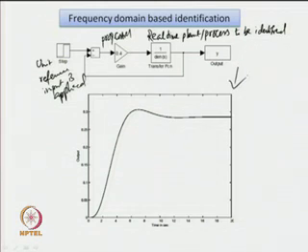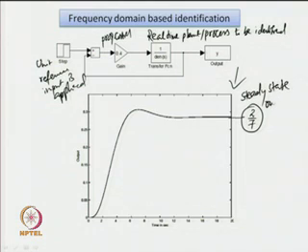Then from the output we can see in steady state the output has assumed some value whose exact value is 2 upon 7. Now, this is known as the steady state output. So, when some unit reference input is applied, we get some steady state output of magnitude 2 upon 7.